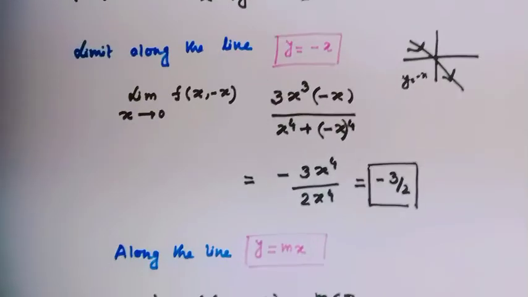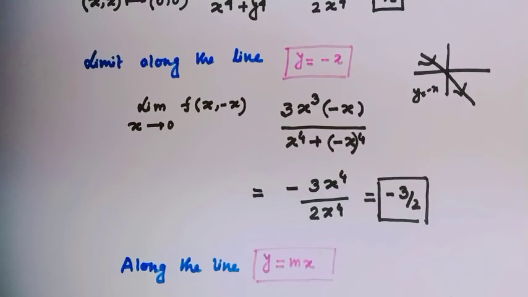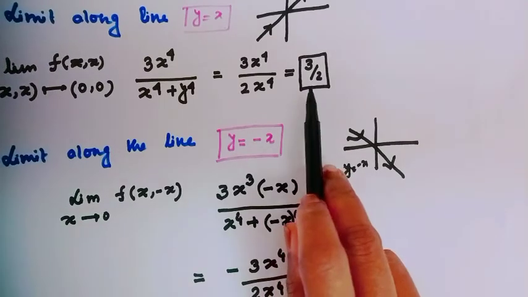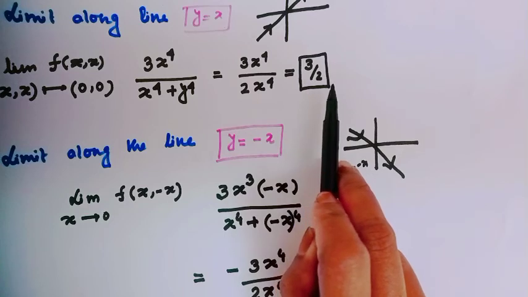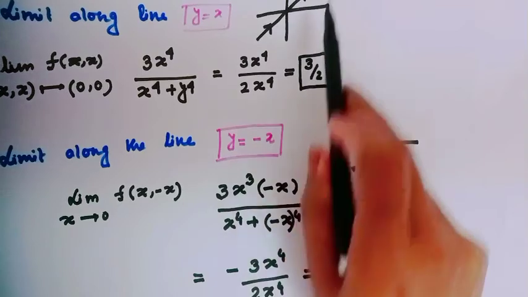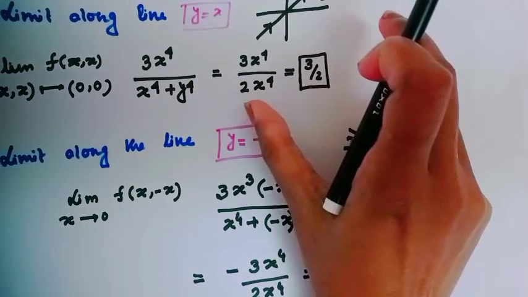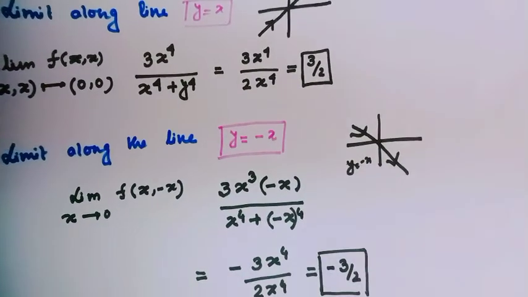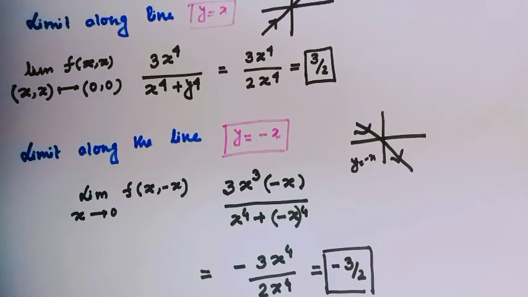That means we have got two different paths which have two different limits. Both approach (0,0), but we have got two different limits. So the limit does not exist.